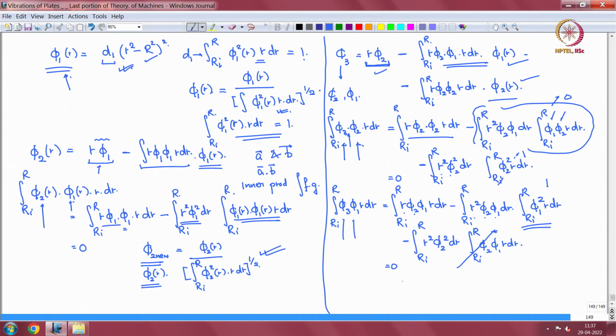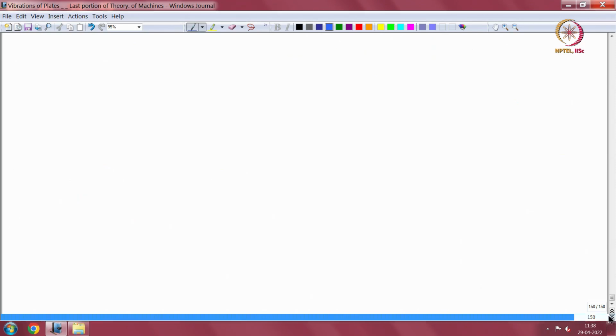Then you orthonormalize phi 3 again. Phi 3 is equal to phi 3 old divided by the square root of integral r_i to r of phi 3 square r dr. Okay, like this you continue. So now you have a set.